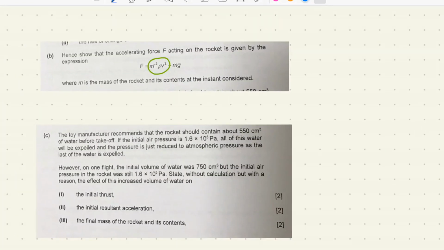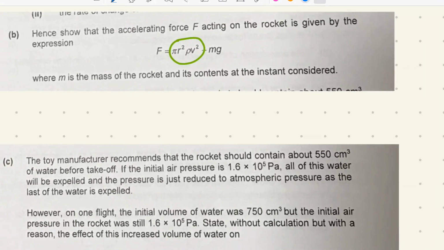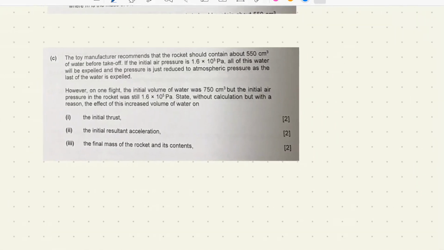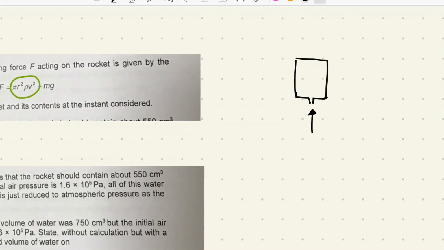Then part B. Hence show that the accelerating force acting on the rocket is given by the expression F equals πr²ρv² minus mg. Oh, very simple. For question B, we just draw the toy rocket like this. Two forces acting on it.